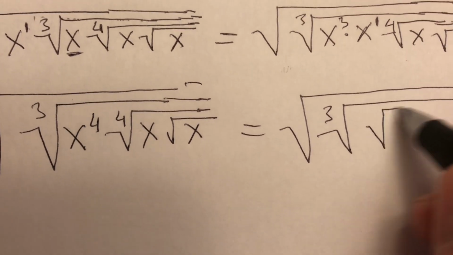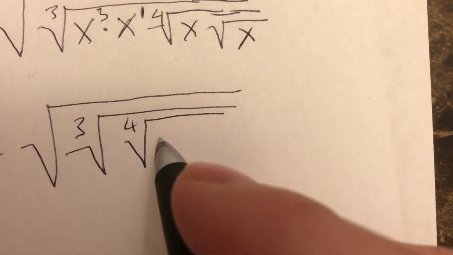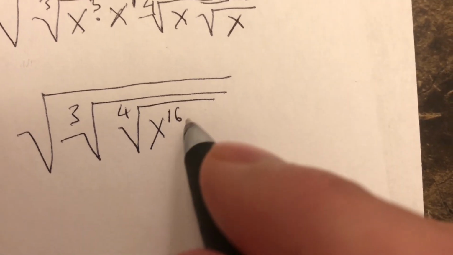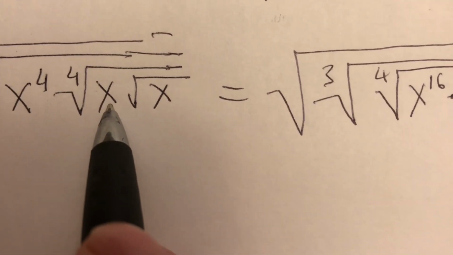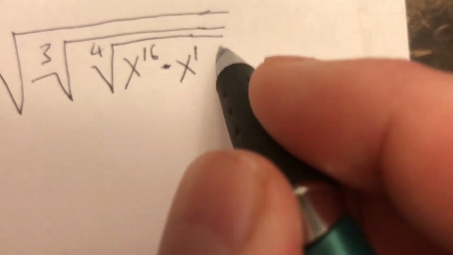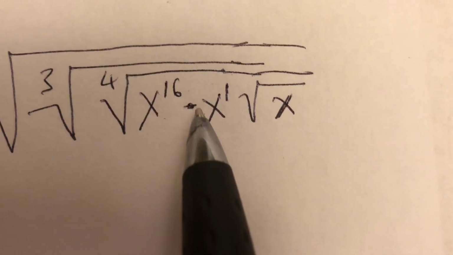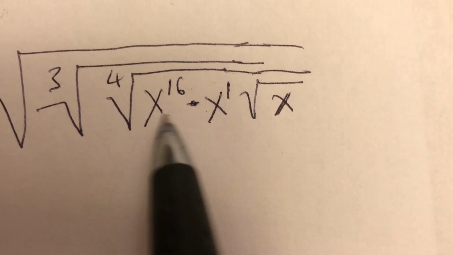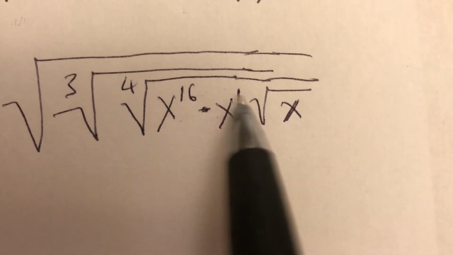So what's going to happen here is, this is a 4th root, and 4 times 4 is 16, so x to the 16 times the other x, which was already here. So I'm writing x with exponent 1, and I'm multiplying by the square root of x. Since I have x to the 16 times x to the 1, those I can multiply together, writing the same base and adding the powers.